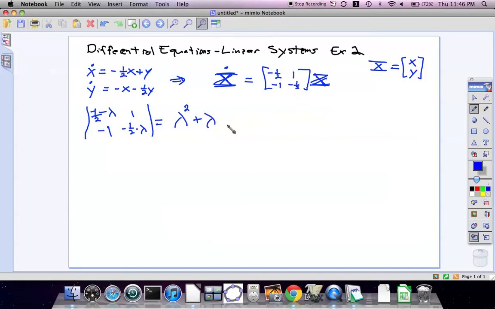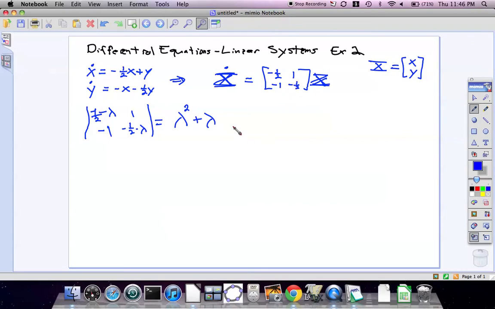And then the constant term, after you again do the determinant, could also be found by looking at the determinant of the coefficient matrix, which is the product of the main diagonal minus the product of the off diagonal. So negative 1/2 times negative 1/2 is positive 1/4, and then I'll have minus negative 1 times 1.